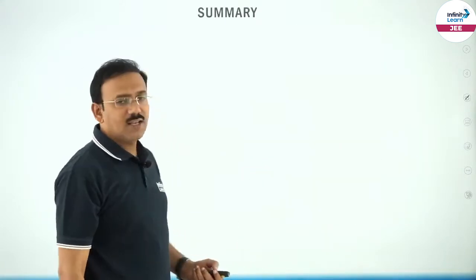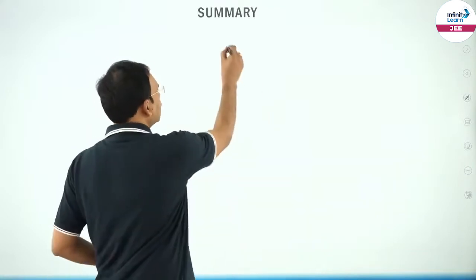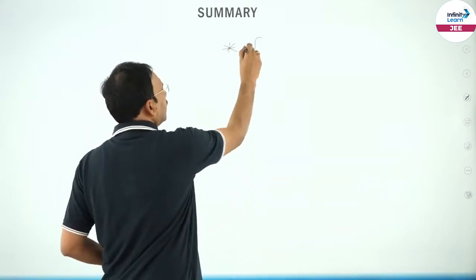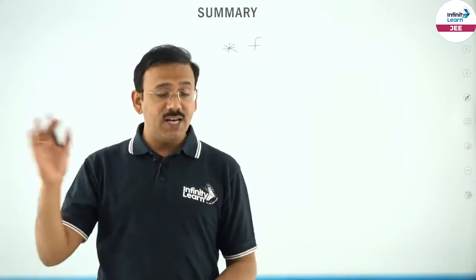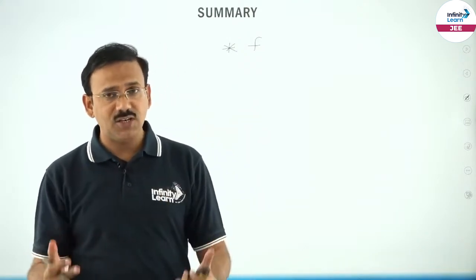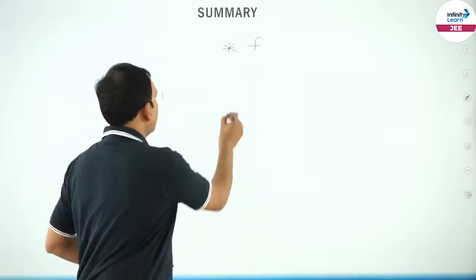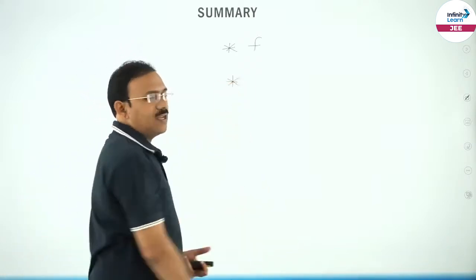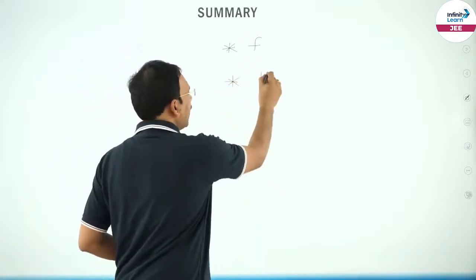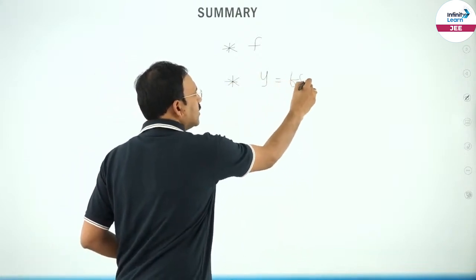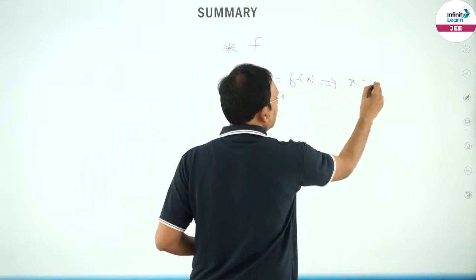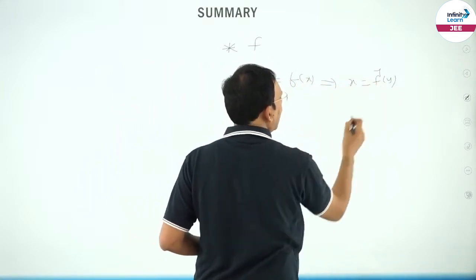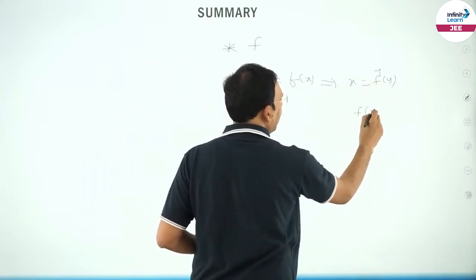So, friends, in summary I have talked about a function f from A to B: if it is a bijection, its inverse relation is also a function, that is also a bijection. Point number 2, how to find the inverse of a function. Let f of x is equal to y. So, from this, prepare x is equal to something, which will be f inverse of y, therefore, you can find f inverse of x.